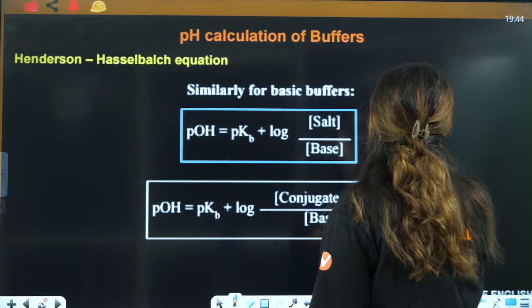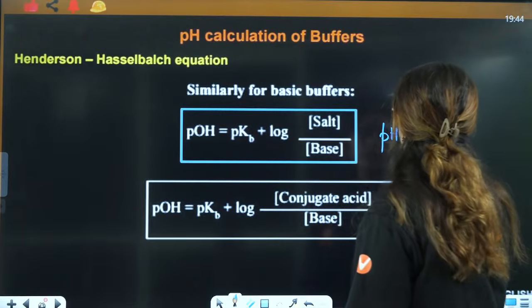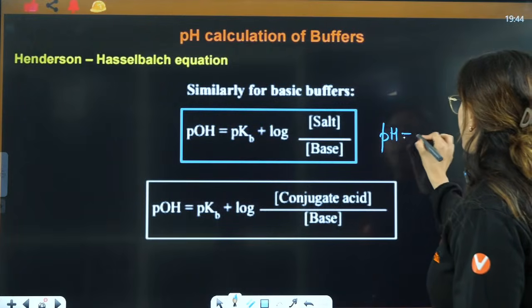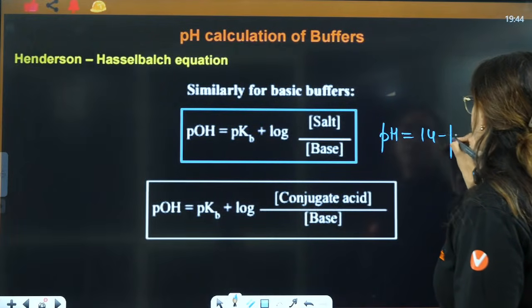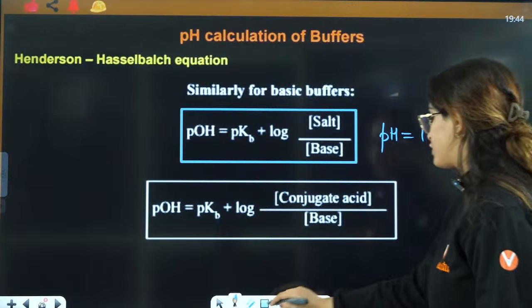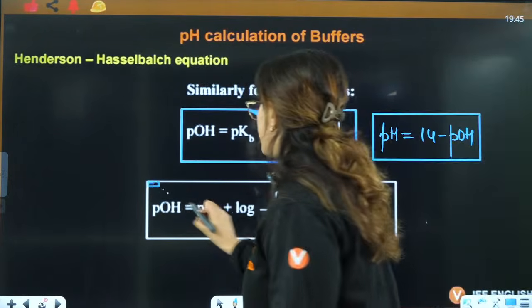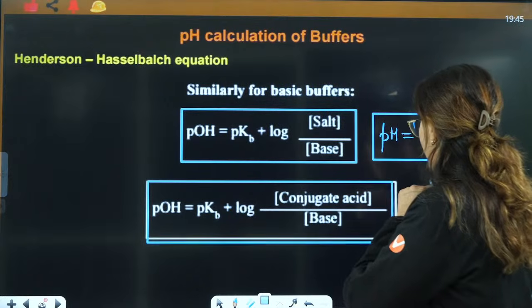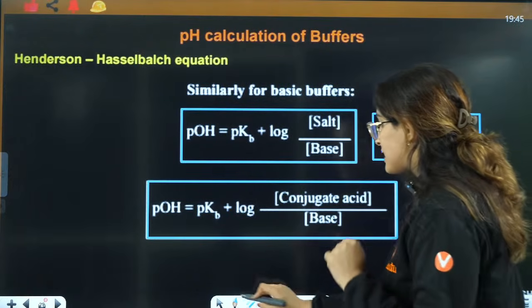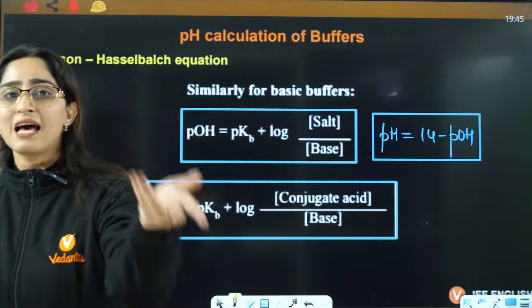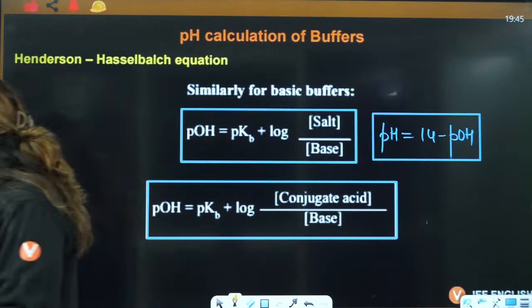Whatever you have calculated here, you subtract it from 14. pH equals 14 minus pOH. Then you can also write salt as conjugate acid. Just like an acid has a conjugate base, a base has a conjugate acid.